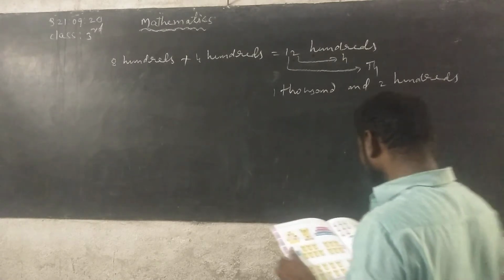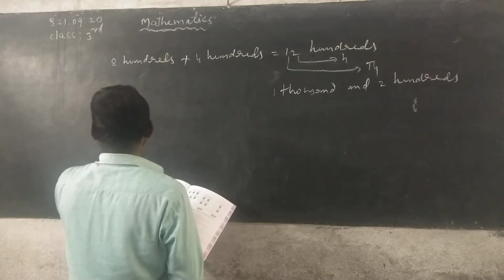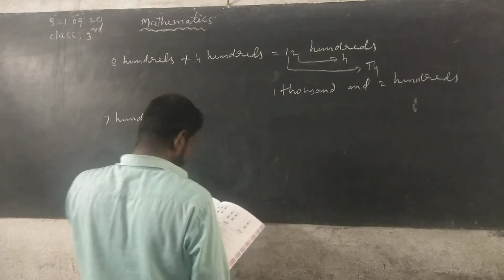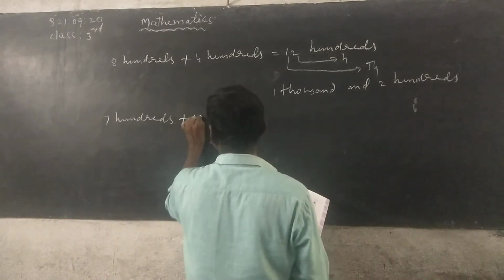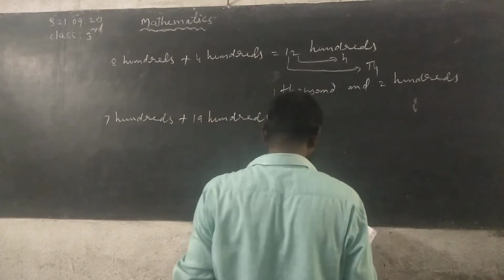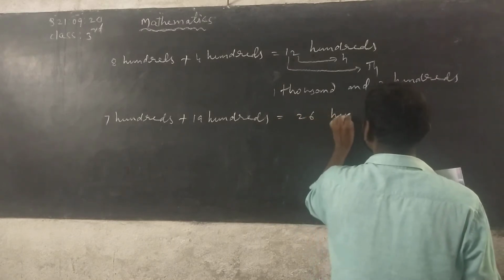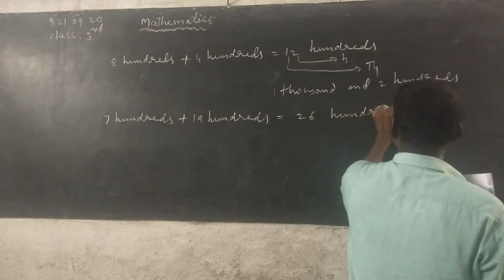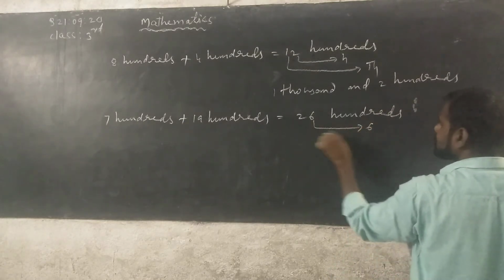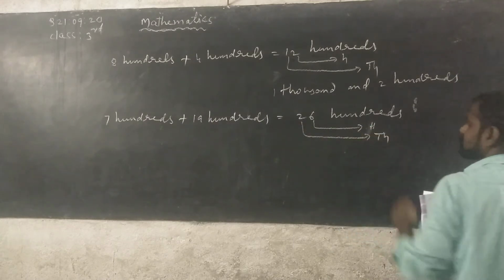So now next, see, listen carefully. 700s plus 1900s. 7 plus 19, what did we get? 2600s. 2600s means 6 is in hundreds place, 2 is in thousands place.